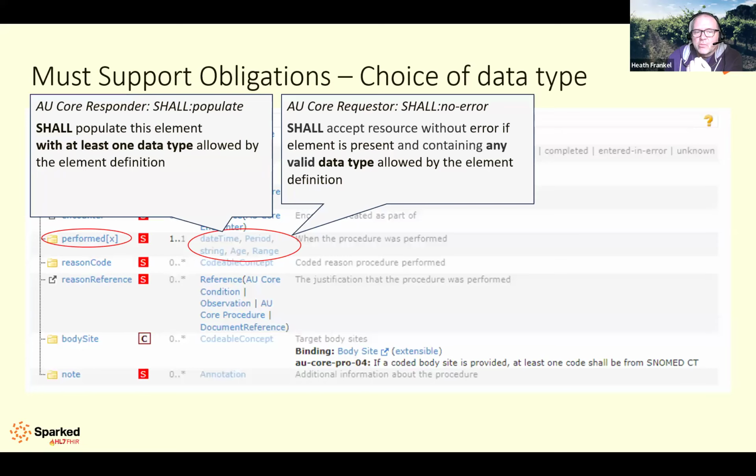We're really trying to say this is something that, as a minimum obligation, you support at least one, so that we've got some level of interoperability. And we haven't stated that yet in AU core.